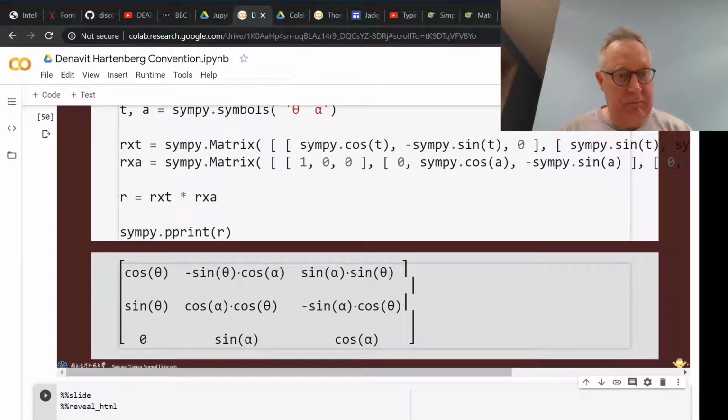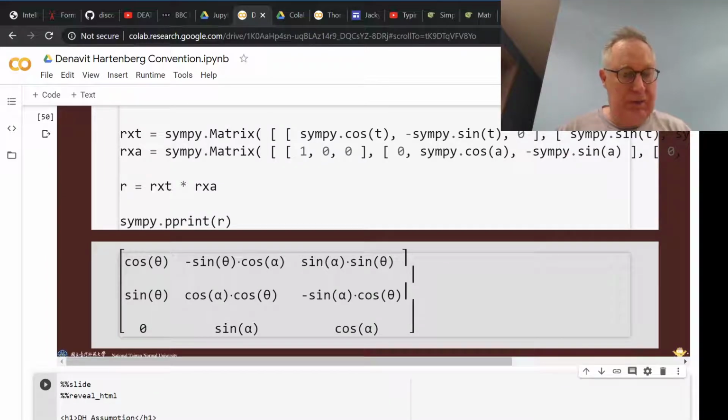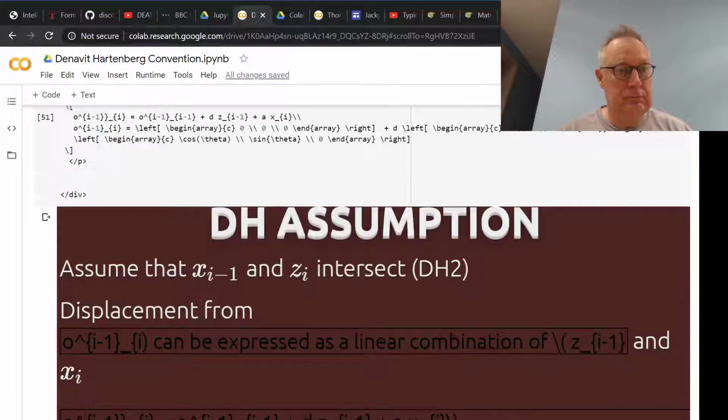Then plus a translation now by d along z, plus, and now we have, we rotate by theta.